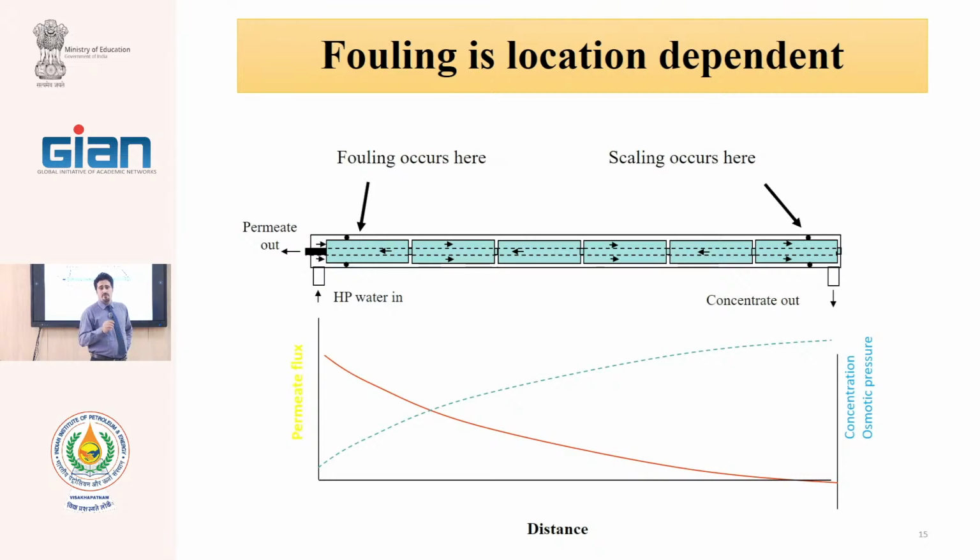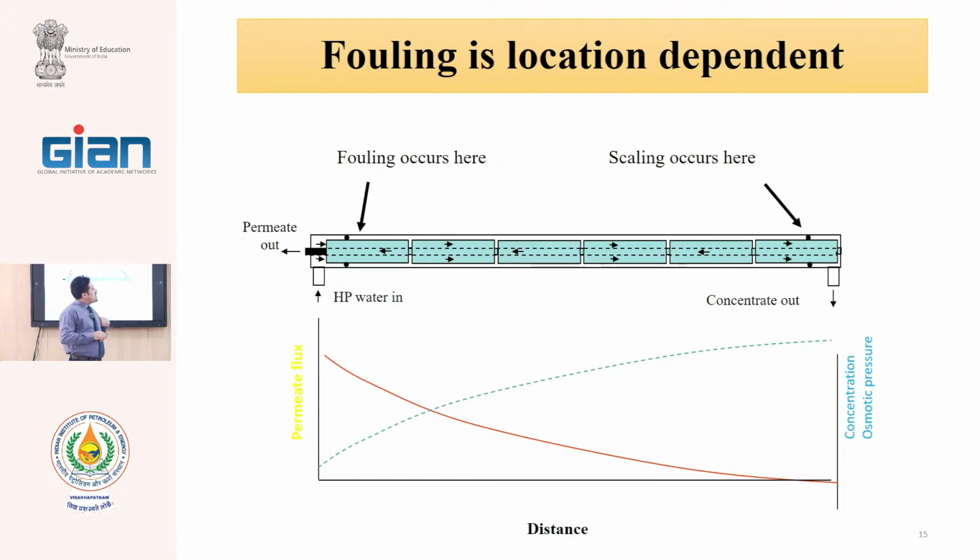If the feed has organic matter, most organic foulants can be attached to the membrane surface in the first module. And when the module absorbs the organic foulant, the concentration is reduced. And in the last module, we have very low organic foulants because they were mostly adsorbed in the first one.